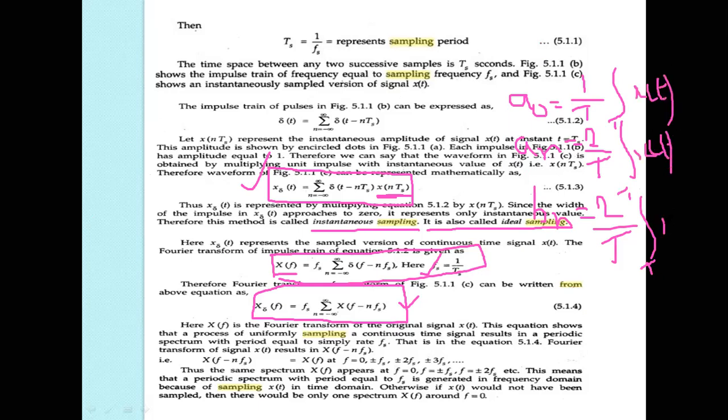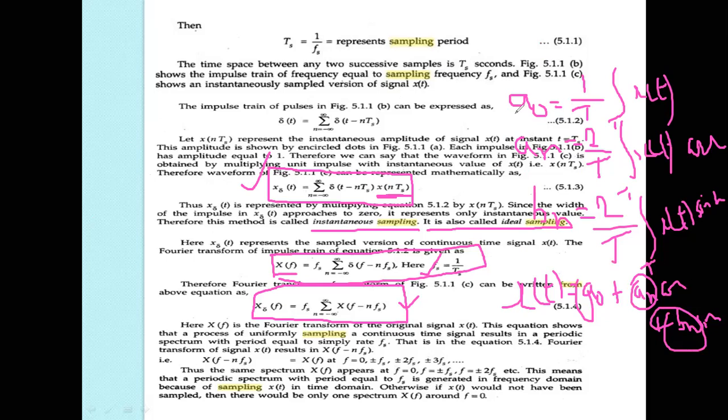An is multiplied with the cosine function and bn is multiplied with the sine function. Adding all three terms, a naught, an, and bn are the coefficients. In the trigonometric Fourier series, x of t is equal to a0 plus an into the cosine function plus bn into the sine function. These are the coefficients.